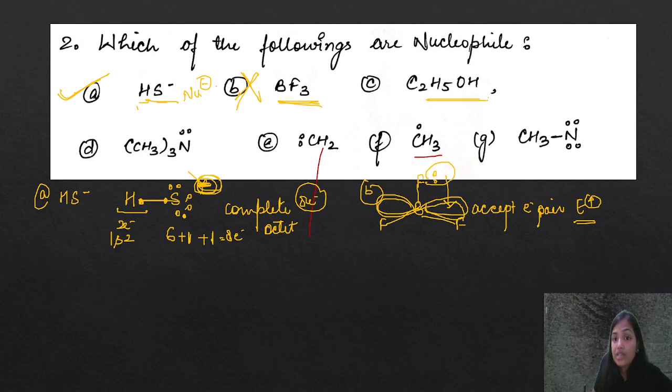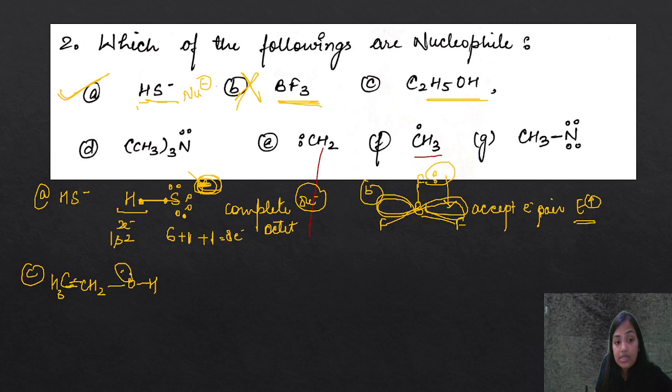Now in the case of option C, if you draw the structure of C2H5OH, you will find that this is CH3, this is CH2, and this is O and H. Over the oxygen we have a lone pair of electrons. Absolutely, not the carbon but the oxygen, because of the presence of the lone pair of electrons, and its octet is complete. You can see the total number of electrons: it has 8 electrons. Octet complete.